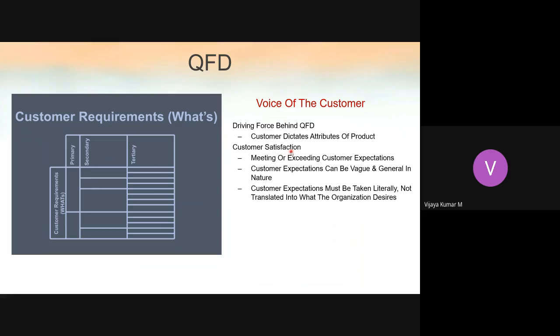Customer satisfaction generally depends on meeting or exceeding customer expectations, right? This is what every organization does. Customer expectations can be vague and general in nature. Sometimes they are very vague, and you have to understand very clearly.